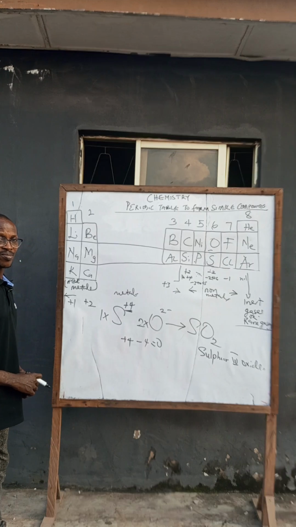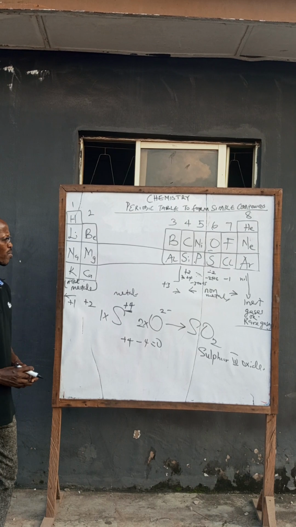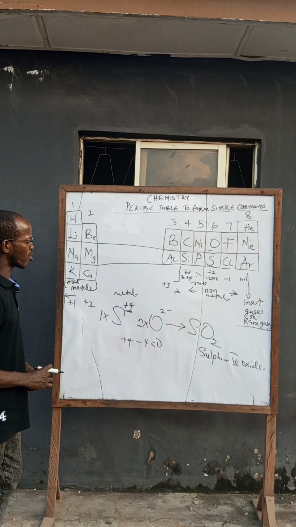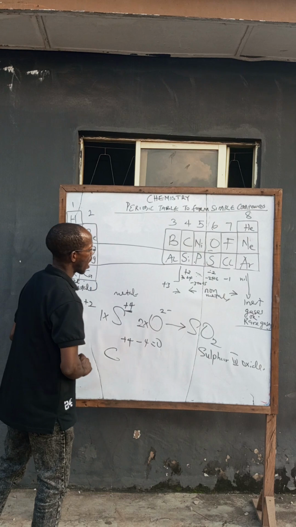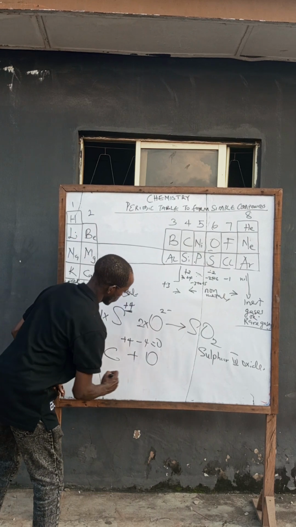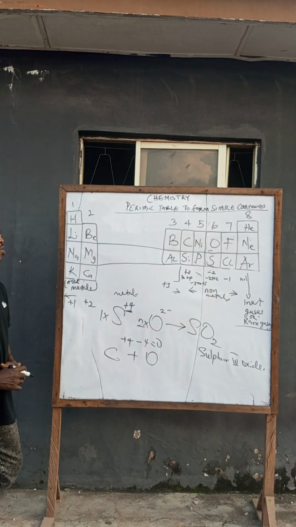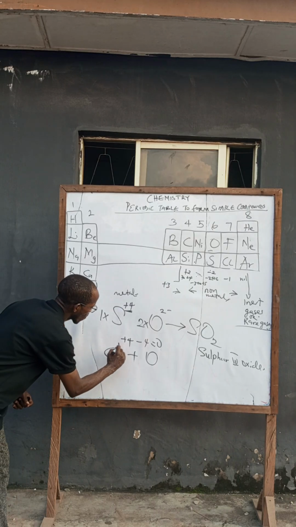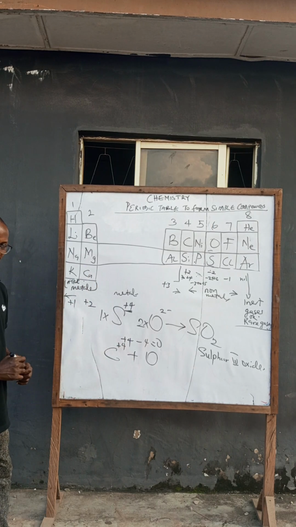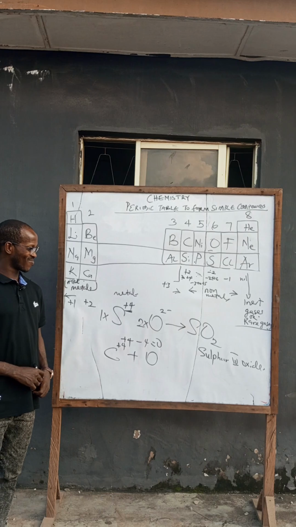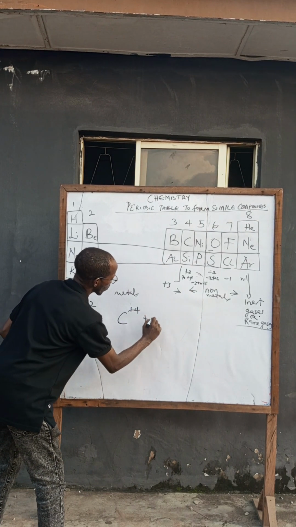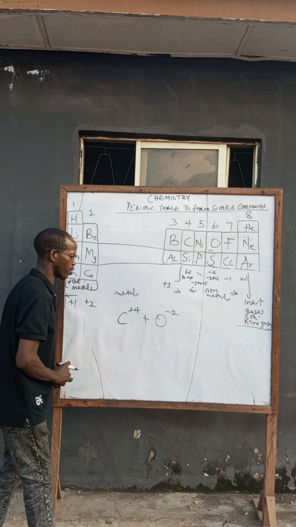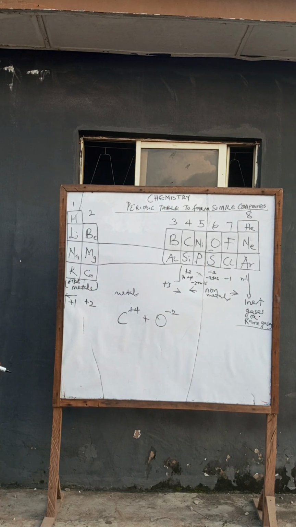Let's look at another compound that we can form from non-metals that we can combine together. Carbon and oxygen. I told you carbon is more stable at +4, plus oxygen -2, which is stable. Now what do you do?